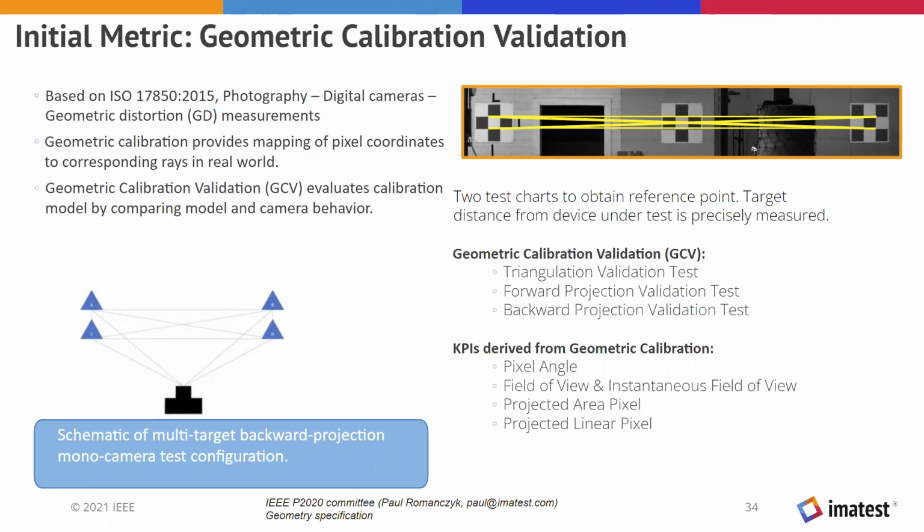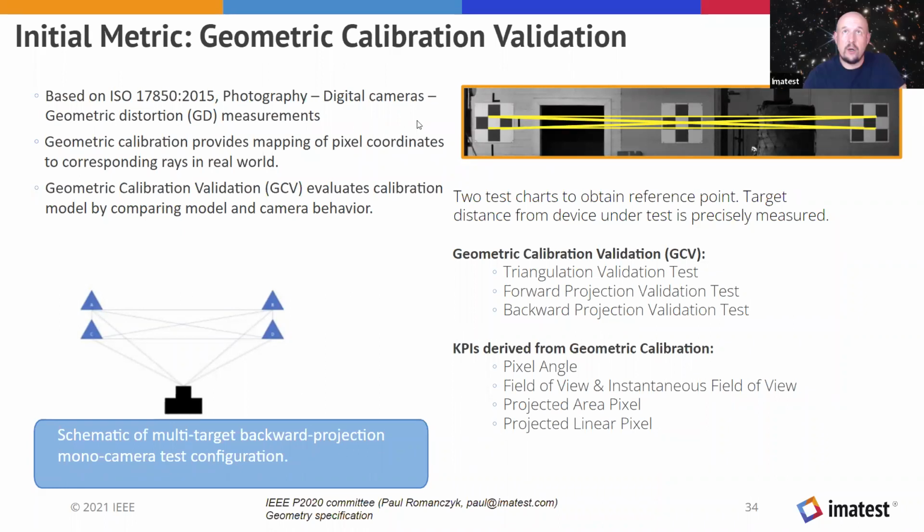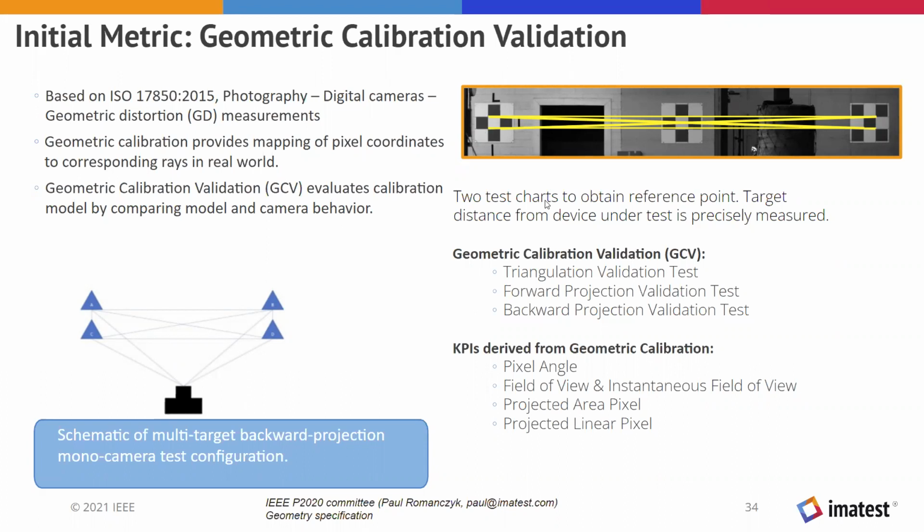There is also a geometric calibration test here. We precisely measure the points of these targets, how far away they are, the angle between them. As you can see in the image, we can test the positions and their angles relative to the camera, and use that for geometric calibration.